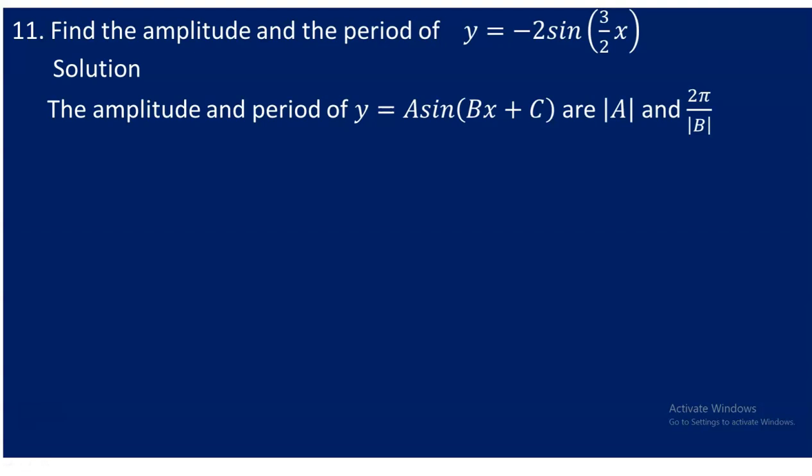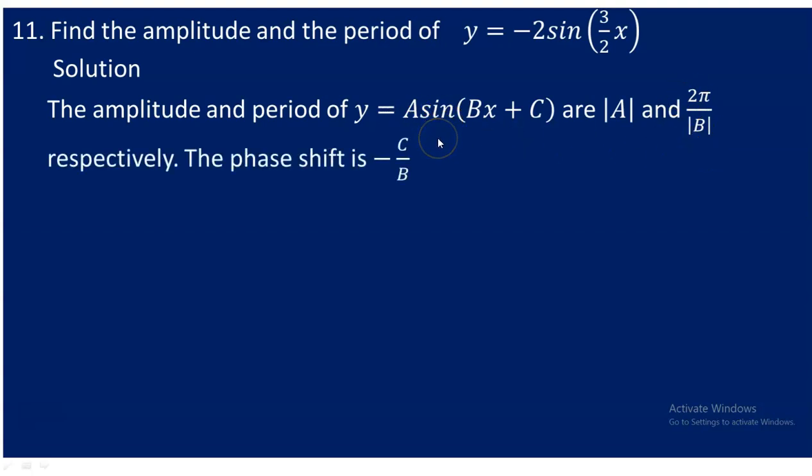So both can be determined using the absolute value of a and 2 pi over the absolute value of b, right? The absolute value of a is taken because amplitude must be positive, it's a distance measure. And the absolute value of b must again be positive because we are considering the length of the interval, so we need a positive output.